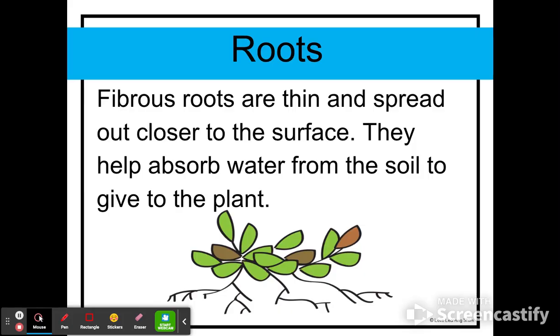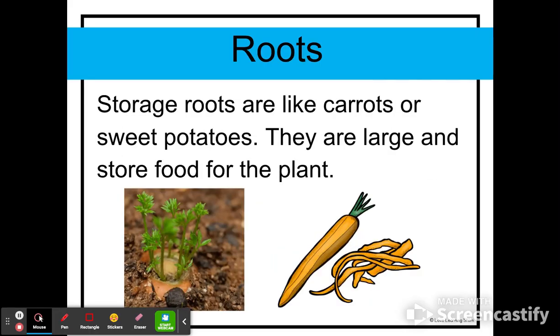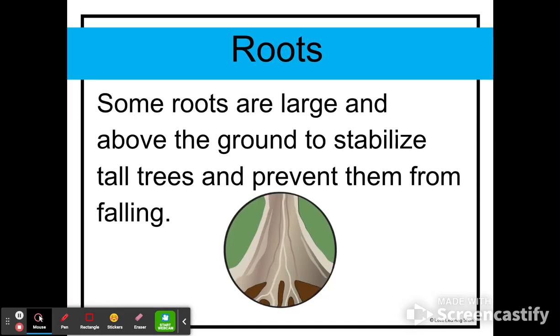They help absorb water from the soil to give to the plant. Storage roots are like carrots or sweet potatoes. They are large and store food for the plant. Some roots are large and above the ground, and they help to stabilize tall trees and prevent them from falling.